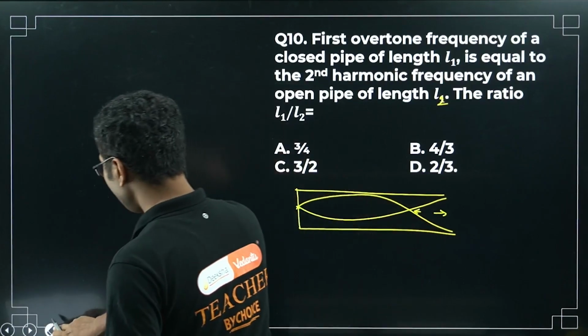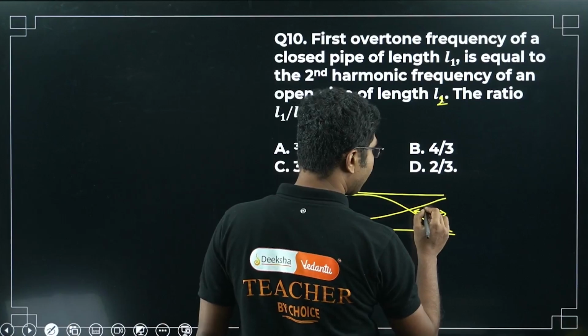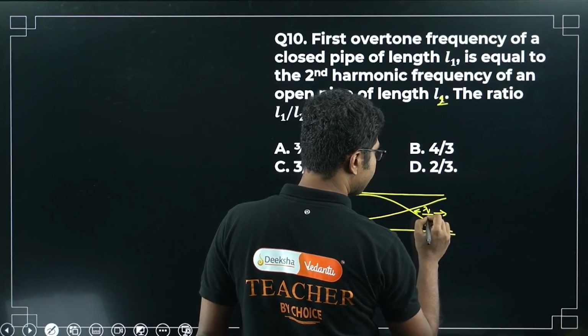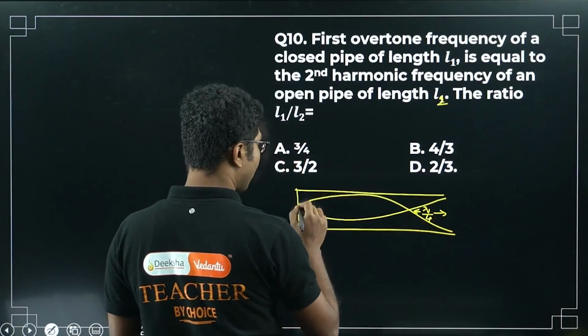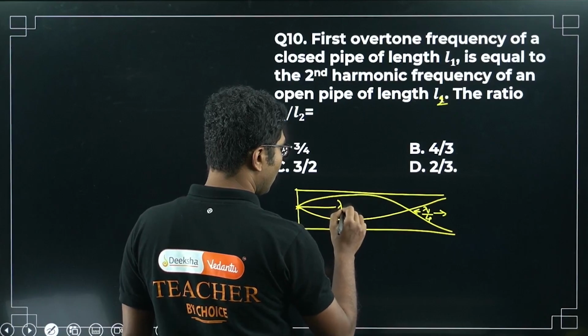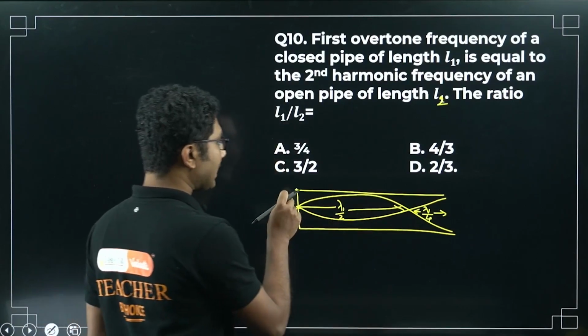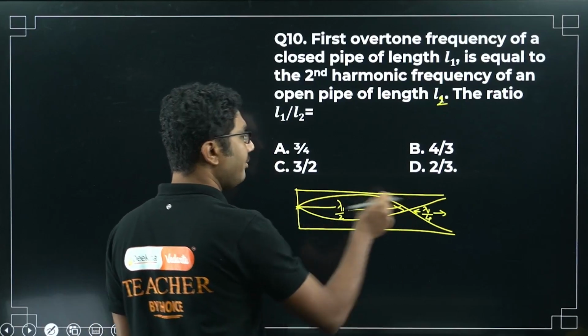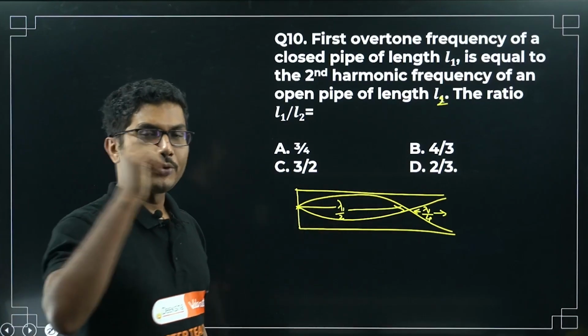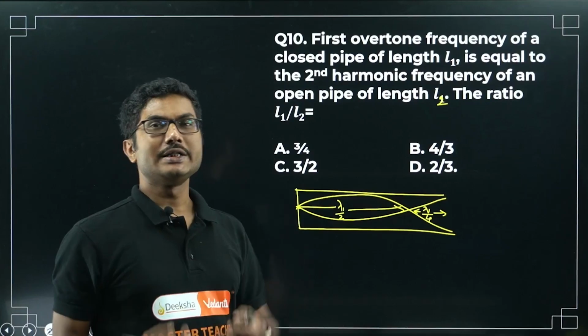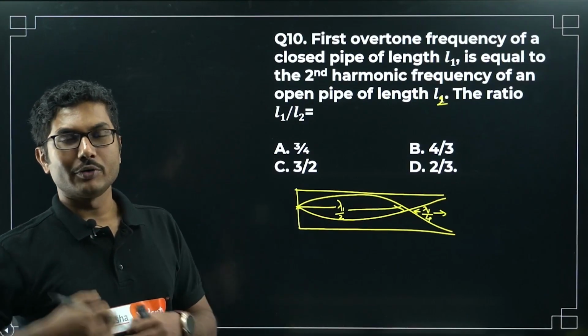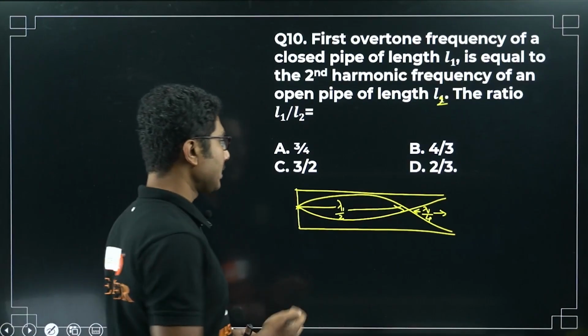If you remember the formulas very well, fine; if you don't, you can use this. Lambda 1 by 4, and this is lambda 1 by 2. Why? Because here we are measuring the distance between two consecutive nodes. Between two consecutive nodes, the distance is lambda by 2. The distance between one antinode and one node is lambda by 4. So this is lambda 1 by 4.